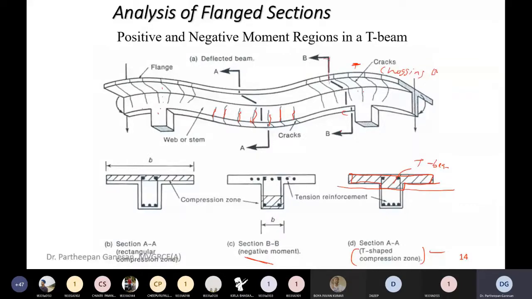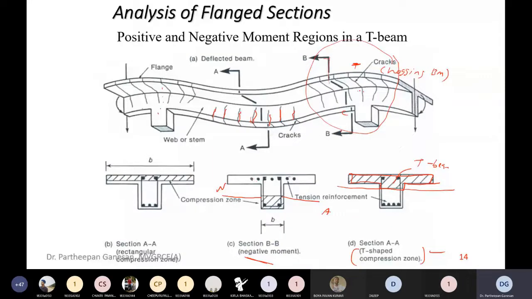So over the support, let us say this is the neutral axis. At the support, above the neutral axis, is it tension or compression? At the support point, above the neutral axis, all the zone is tension. Below the neutral axis, all the zone is compression.